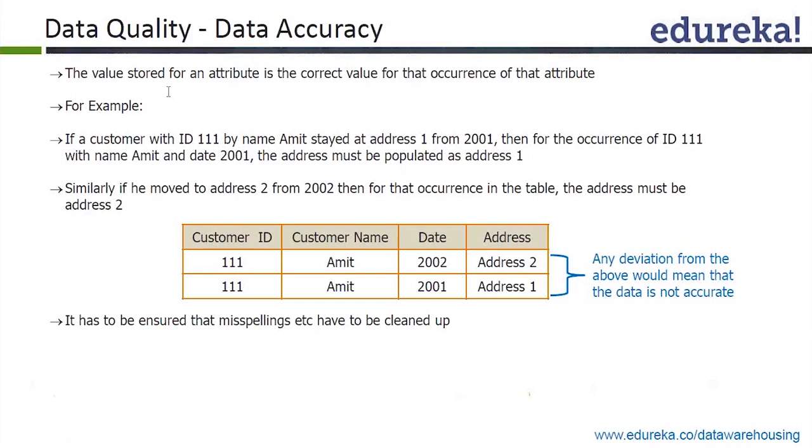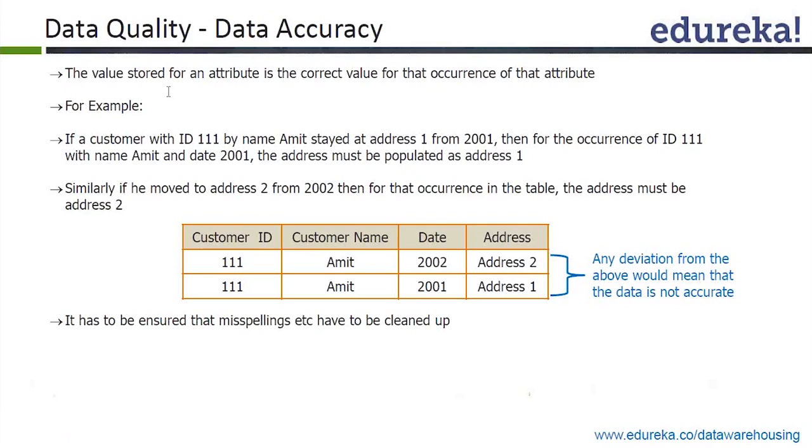What exactly does data accuracy mean? In this example, a customer with ID 111 by name Amit stays at address 1 from 2001. Then for any occurrence of ID 111 with name Amit and date 2001, the address should always be address 1.